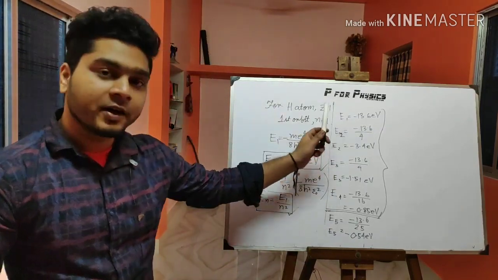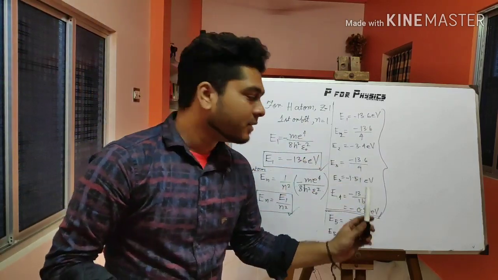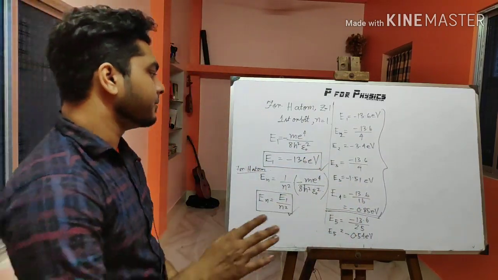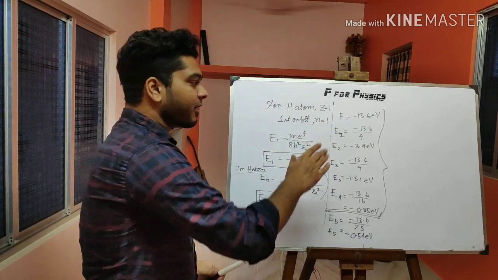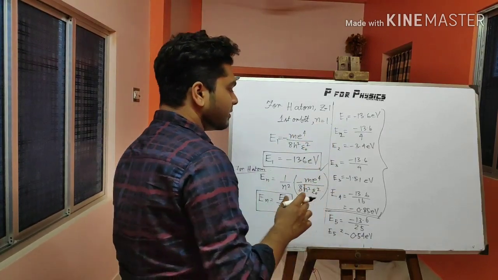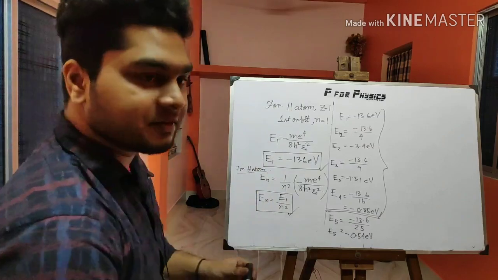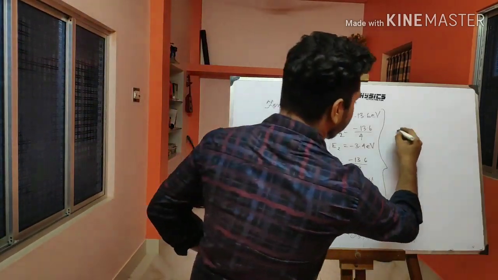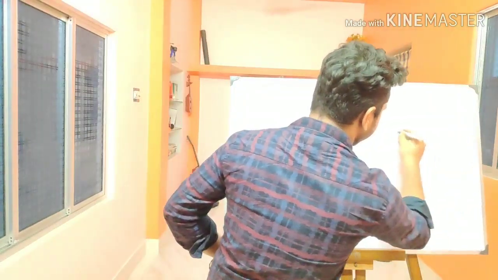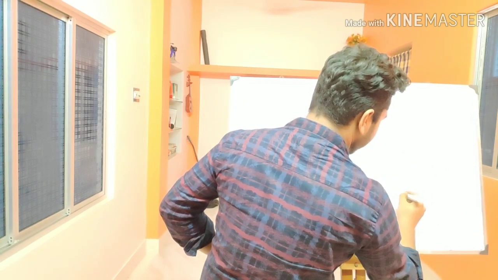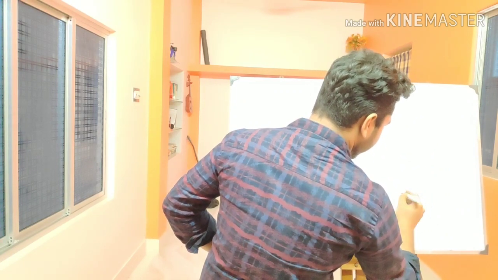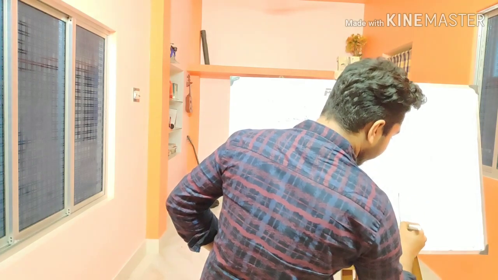Memorizing these will help you big time, let me assure you that. Now let's plot them in a graph. See carefully that all the values are negative, so our graph will be in the negative region. This graph will also be very important in drawing the spectrums.